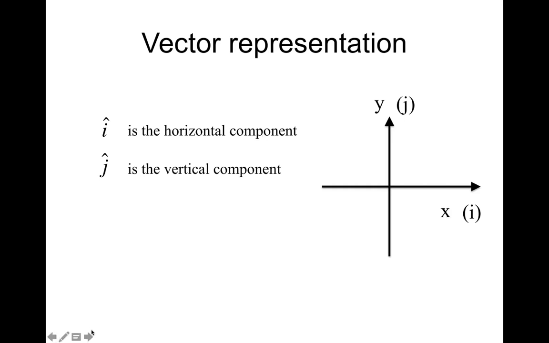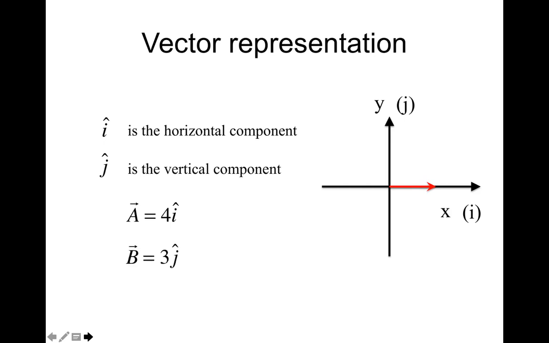So for example, if I say a vector is 4 i hat, what does that mean? It means 4 units of magnitude in the x direction, right? So A will be represented as 4 i hat. You can see it represented by this red arrow pointing in the positive horizontal direction, so horizontally going 4 units.